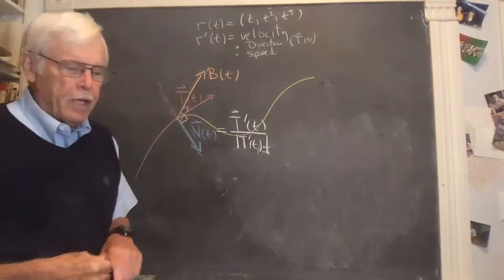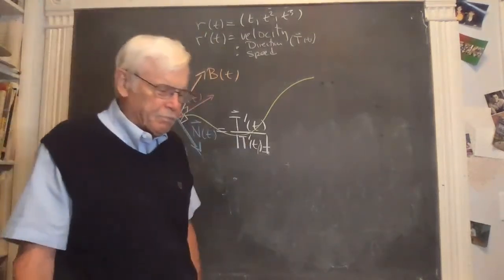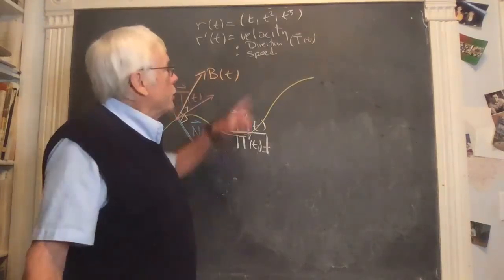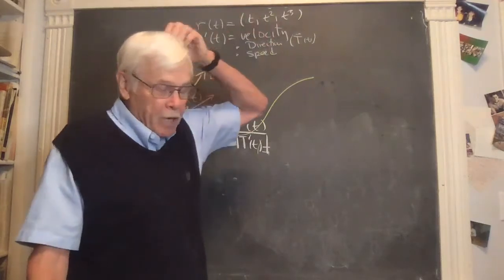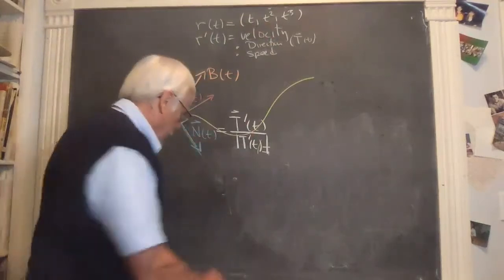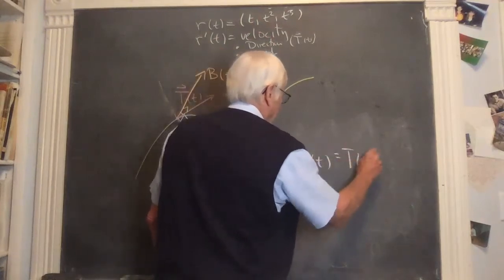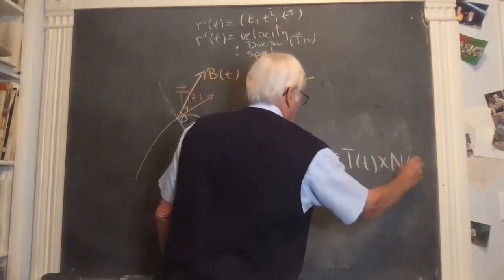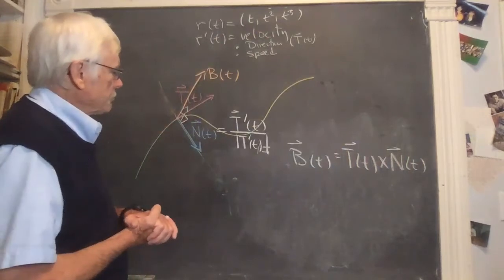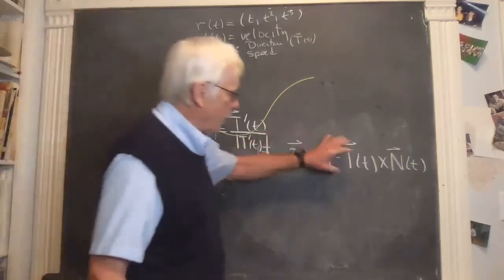And in one of the Mathematica things, I think I called it TNB. In the TNB little video that I gave you, a particular curve. It might even have been this one. I computed the T, the N, and the B. We haven't computed B yet, but it's just the cross product. So in that, I computed each one of these, gave formulas for how to compute them.